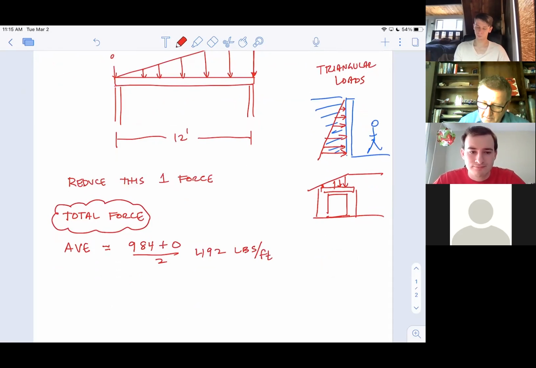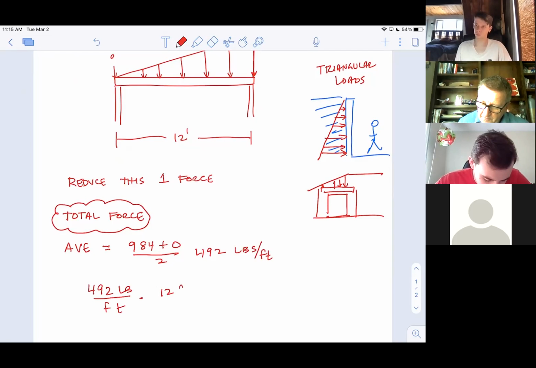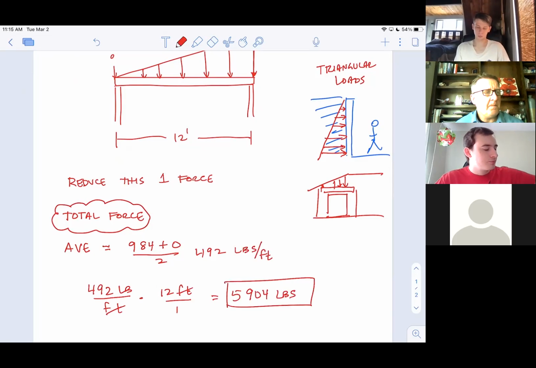So then if I do the same thing, if I just say, okay, well then that's 492 pounds per foot times, not 112, just 12 feet, and that's a fraction. The feet are going to cancel, so I end up with 12 times 492. That's 5,904 pounds. That's your total load.